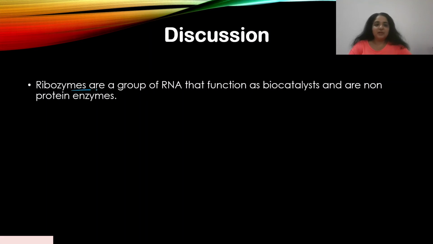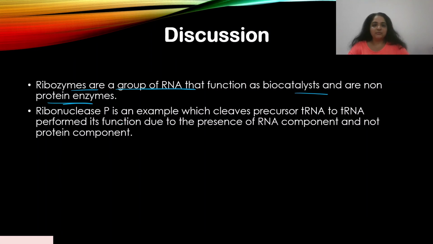Ribozymes are a group of RNA that function as biocatalysts and are non-protein enzymes. Usually we know that enzymes are proteins, right? But this is a class of enzyme that are non-protein enzymes. Ribonuclease P is an example, which cleaves precursor tRNA to tRNA. When ribonuclease P was discovered, they realized that the RNA part of it actually performed the enzymatic activity rather than the protein part.